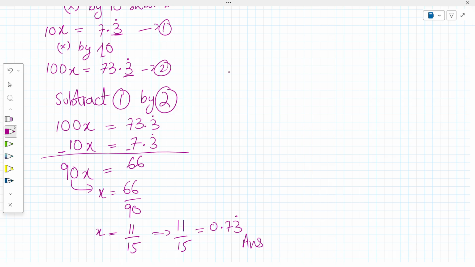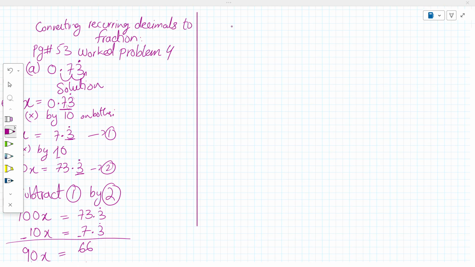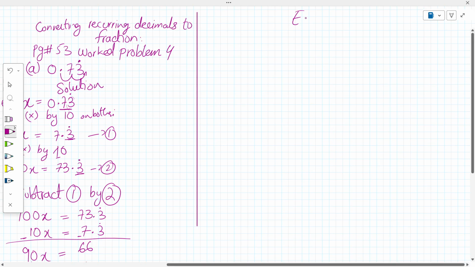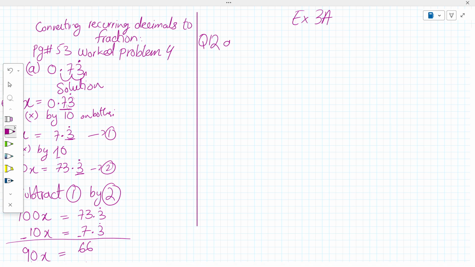Now we are moving to the next question of the exercise. So now we are going to solve exercise 3A, question number 12, part A. Part A is 0.12, where the 12 is recurring.